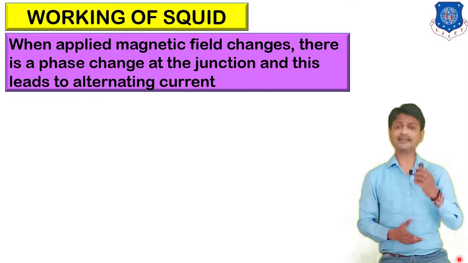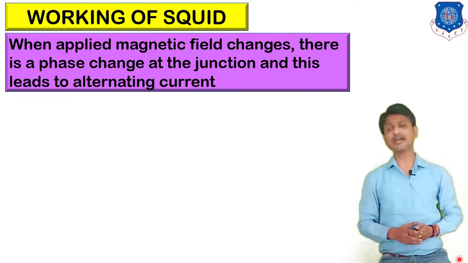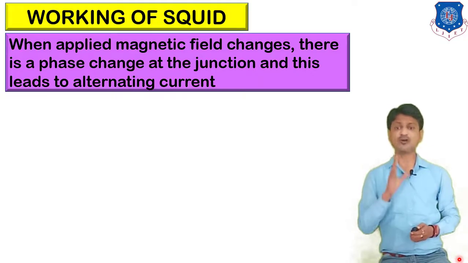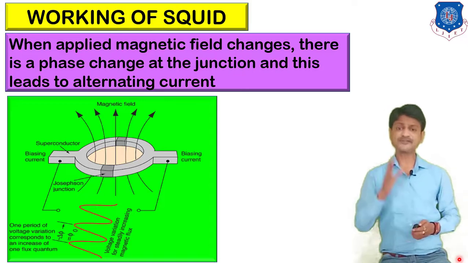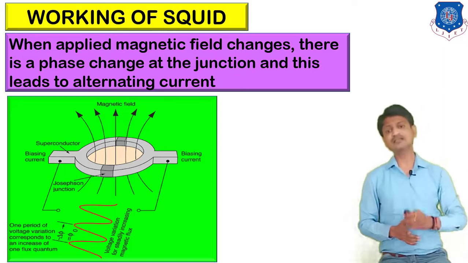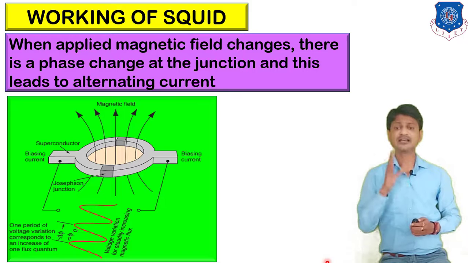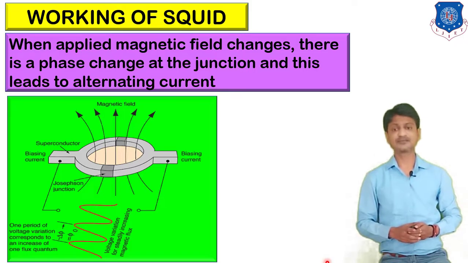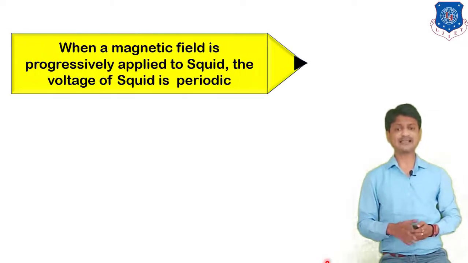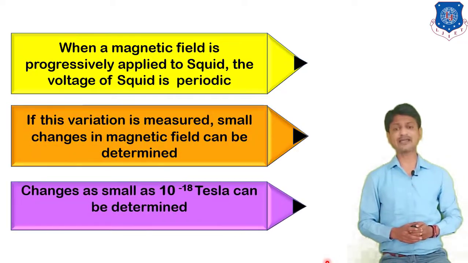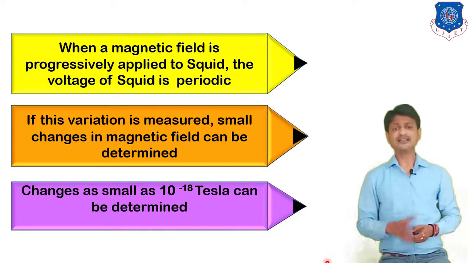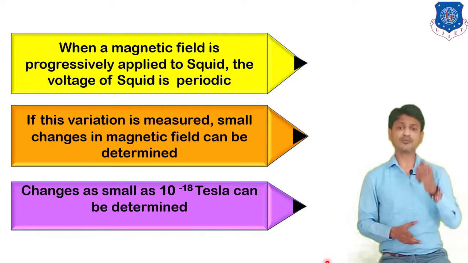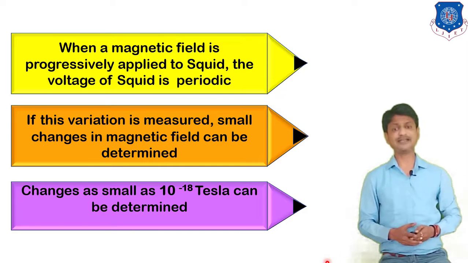So when a magnetic field is progressively applied to that SQUID, the voltage of SQUID is periodic. And if this variation is measured, small changes in magnetic field can be determined. We can determine changes as small as 10 raised to minus 18 Tesla. So SQUID is used to measure the Earth's magnetic field.